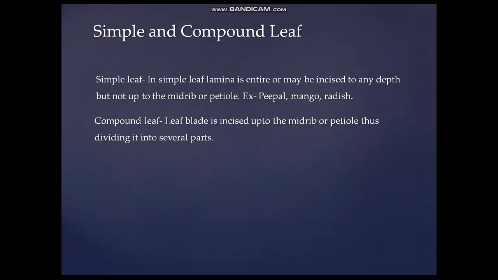After arrangement, now leaves are of two types. On the basis of incision, on the basis of lamina, we divide the leaf into simple and compound leaf. In a simple leaf, the lamina is entire or may be incised.